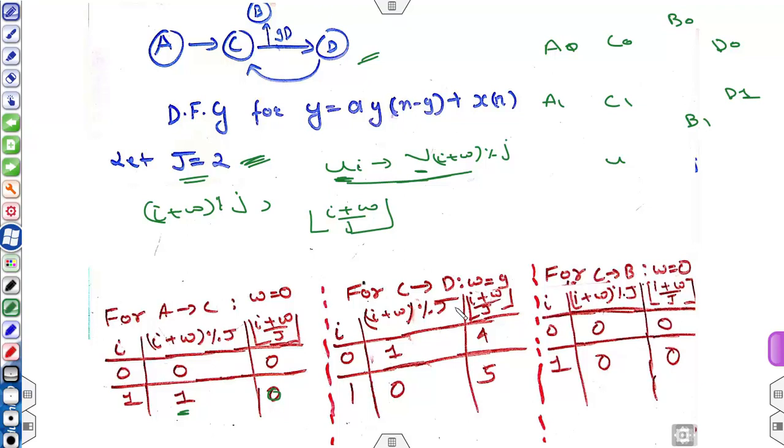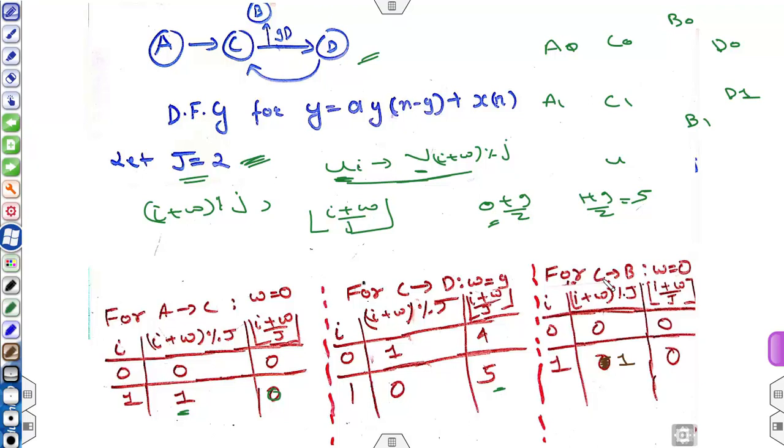Okay, so j is 2, so 0 plus 9 divided by 2, remainder is 1, and for I equal to 1, 1 plus 9 divided by 2, 10 by 2, remainder is 0. And for the first value the quotient part is 4, so you have to take 4, and for this the quotient is 5, so you have to take 5.